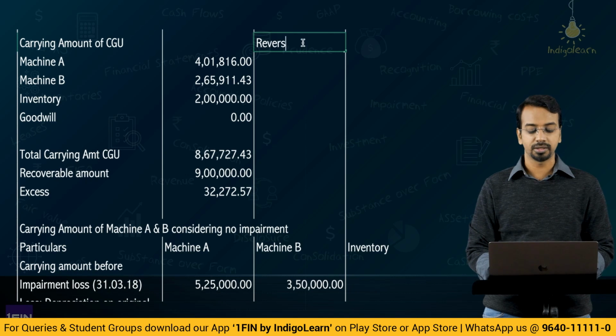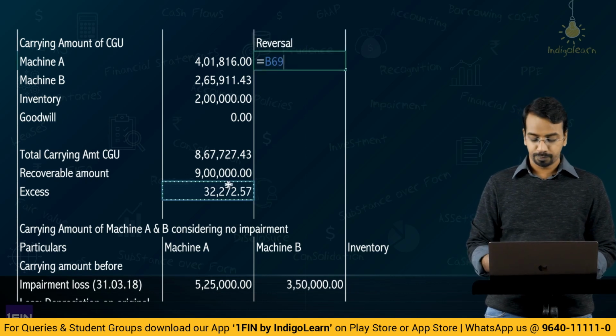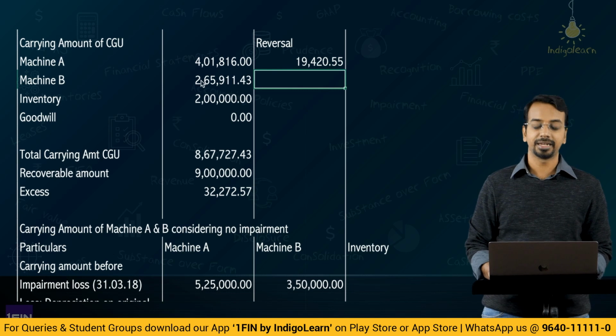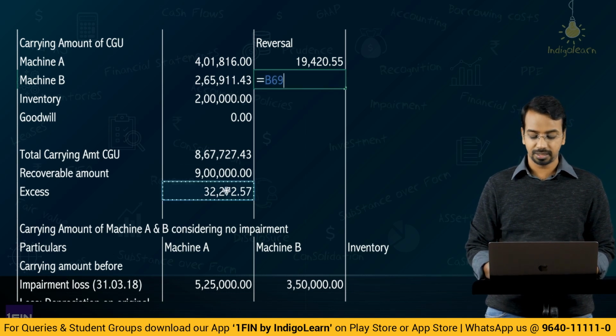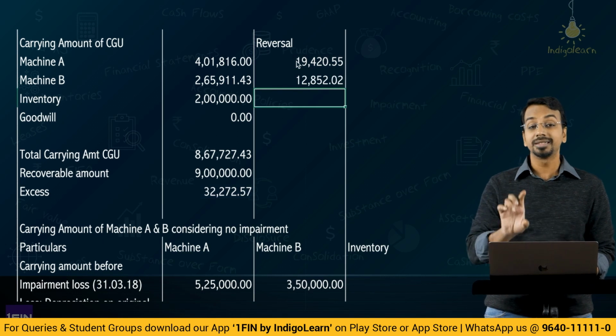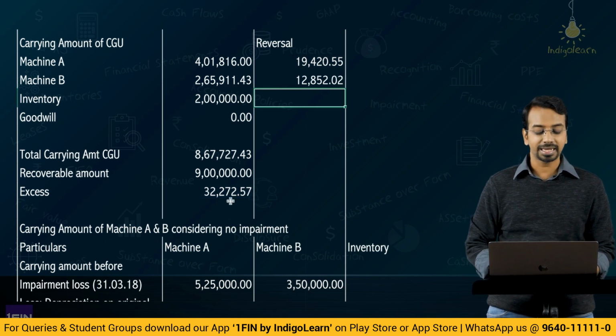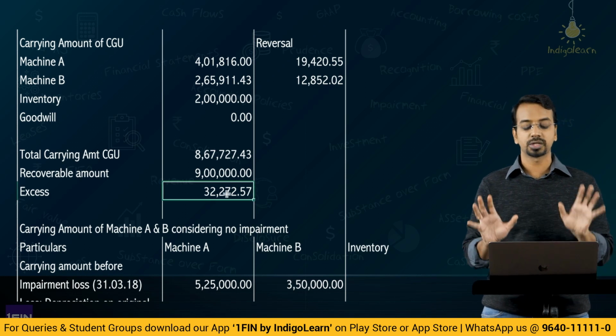So, reversal for machine A would have been 32,272 multiplied by 4,01,816 divided by 4,01,816 plus 2,65,911, that would have been 19,420, and the balance reversal would have been allocated to machine B. Okay, this is a scenario if the recoverable amount was 9 lakhs, then maximum reversal would have been only 32,272.